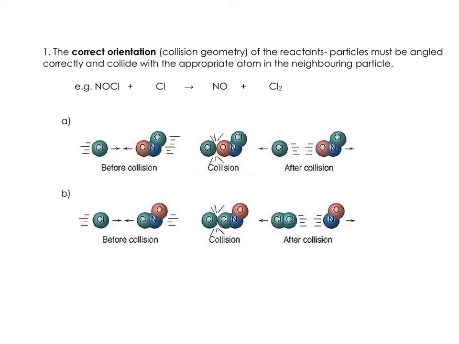The first one is a non-effective collision because they did not have the correct orientation, and this one is an effective collision. The middle here is your transition state.